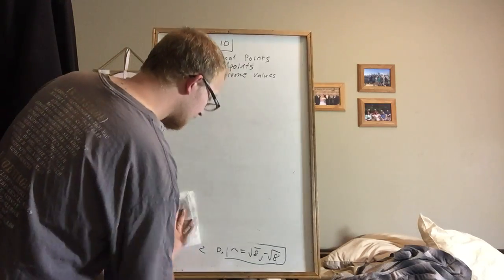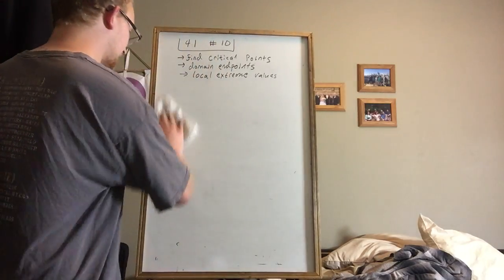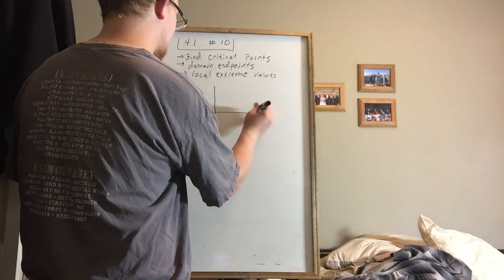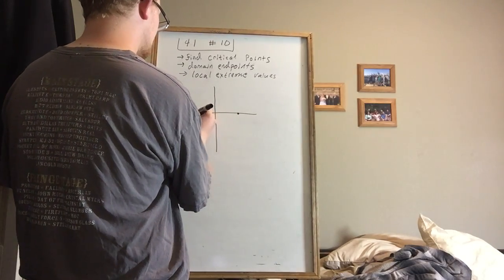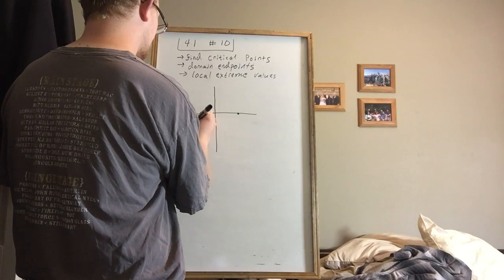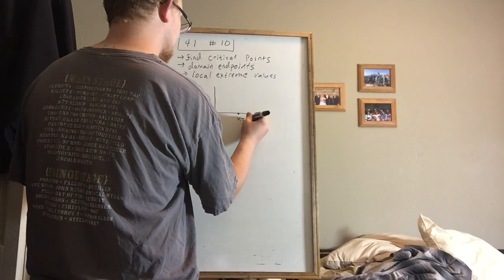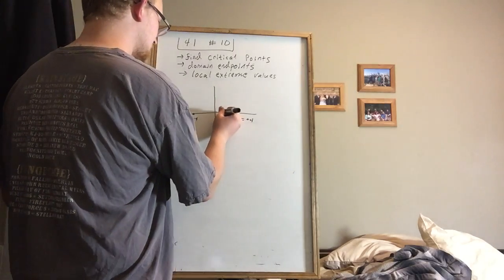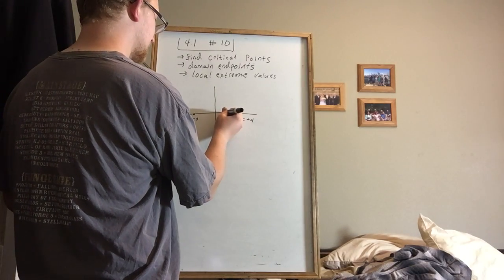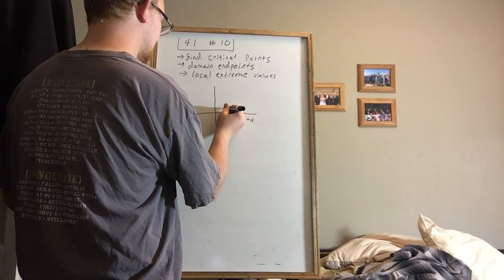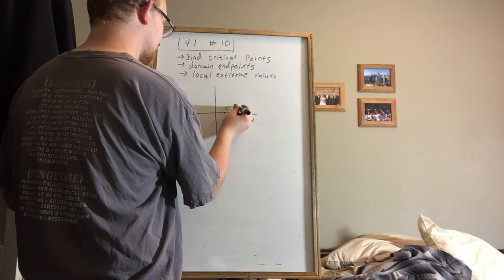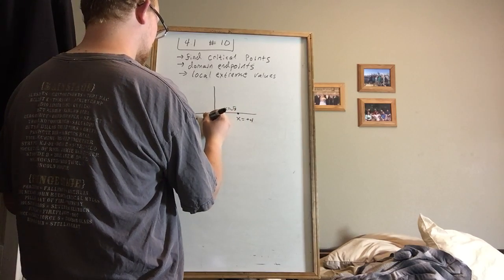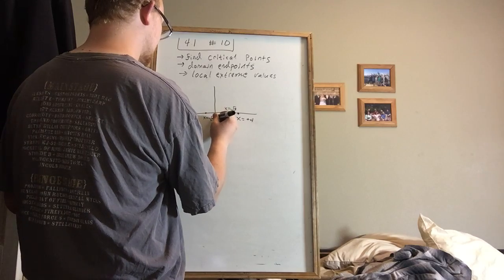So we have an idea of what our critical points look like on this graph. So here's what we know about the graph. We know that the domain is between x equals minus 4 and x equals positive 4. We know that we have critical points at x equals square root 8, and also at x equals minus root 8.